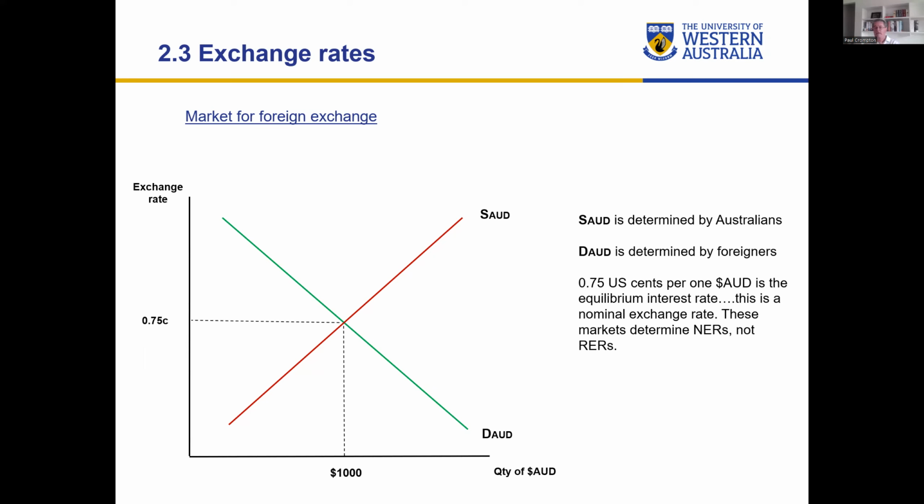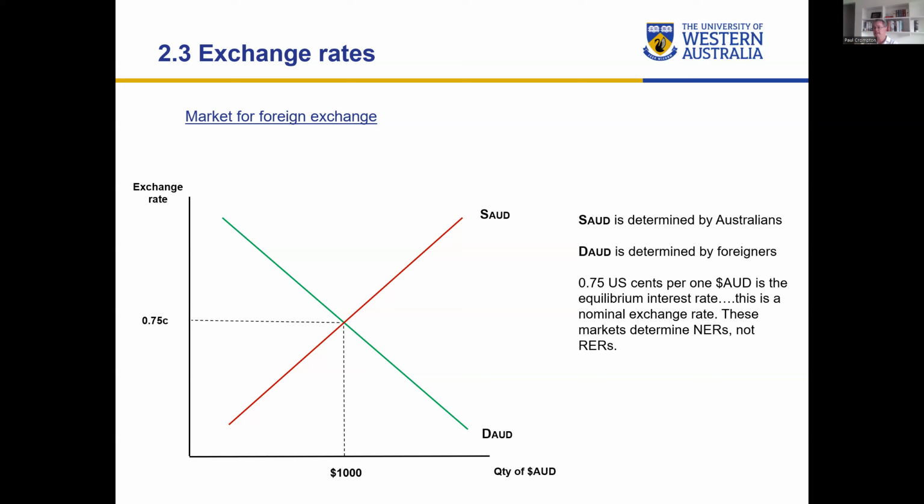I don't have large amounts of foreign currency that I want to use to buy Australian dollars. So generally speaking, we're going to assume that the position and the slope of the demand curve are determined by foreigners who have foreign currency and want to use that foreign currency to buy the Australian dollar.